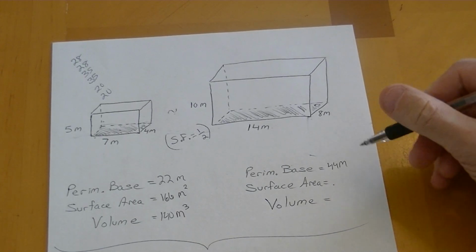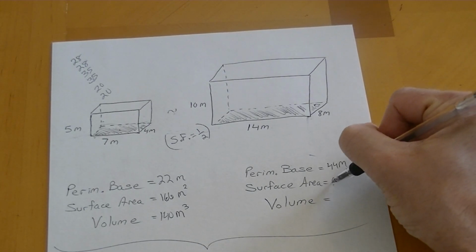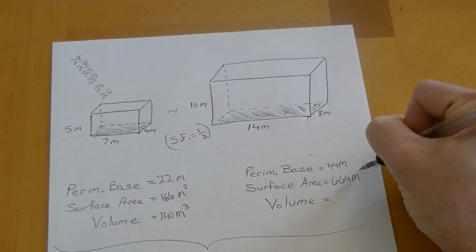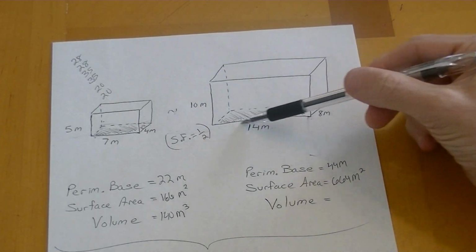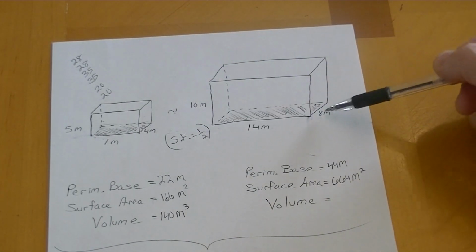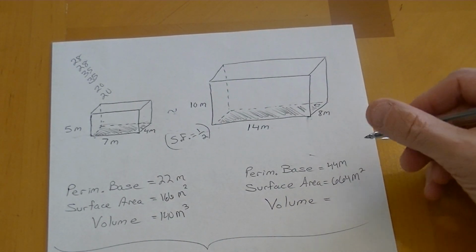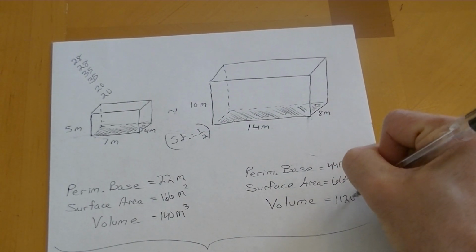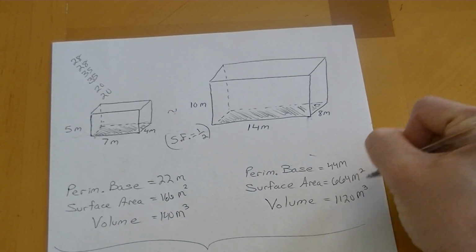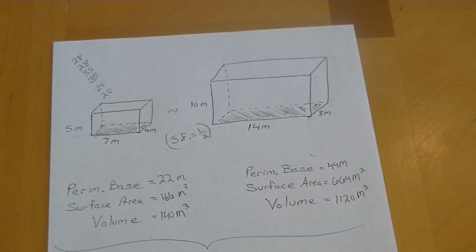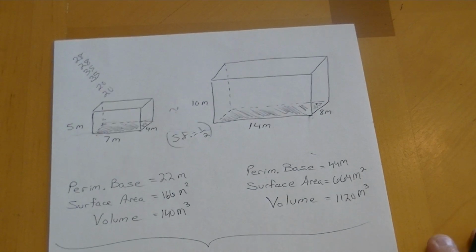If you add up all 6 areas, you get 664 meters squared. Volume, area of the base, so 14 times 8, and then you multiply that by the height of 10, and we get 1,120 meters cubed. All right, so what's the point?